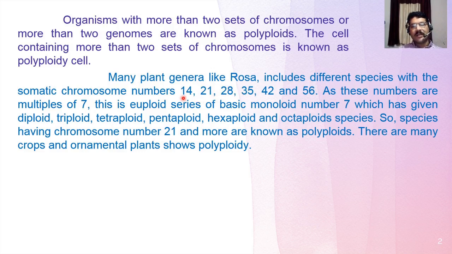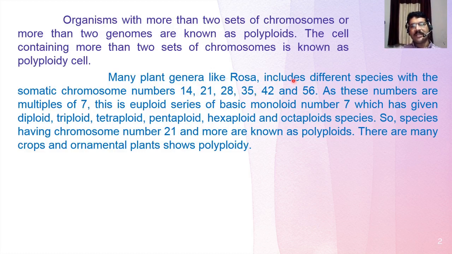This is one species of genus Rosa. This is another species, the next species, and another species. So all these different species, 1, 2, 3, 4, 5 and 6, are the six species of the Rosa genus, and all have different numbers of chromosomes.